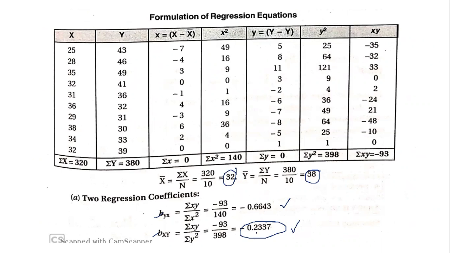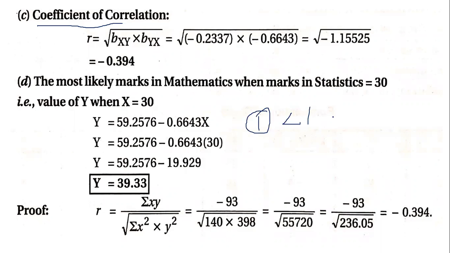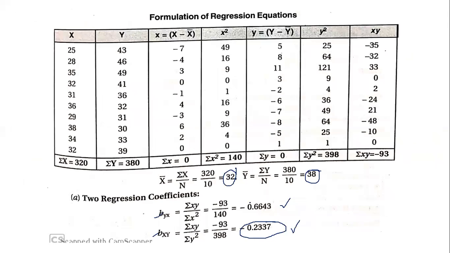Minus 0.66, minus 0.23. So the first condition is okay. And the second condition is that both have to have the same sign. If you see the numbers again, both have a minus sign, which means we can calculate the correlation coefficient.